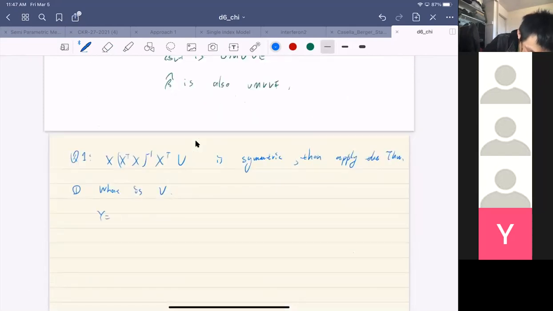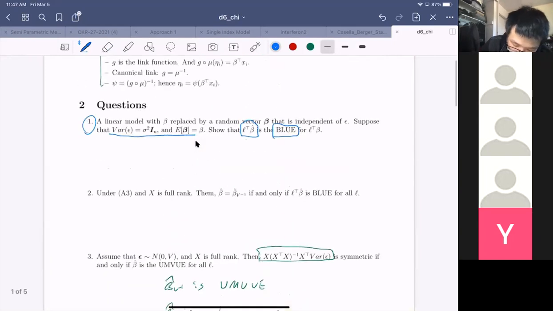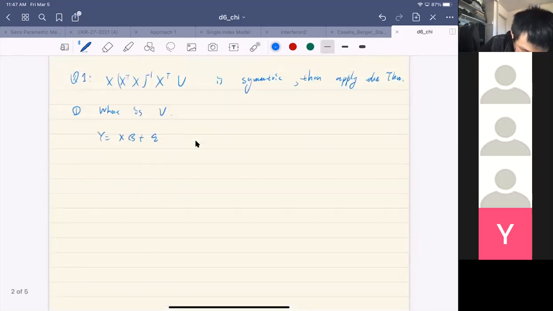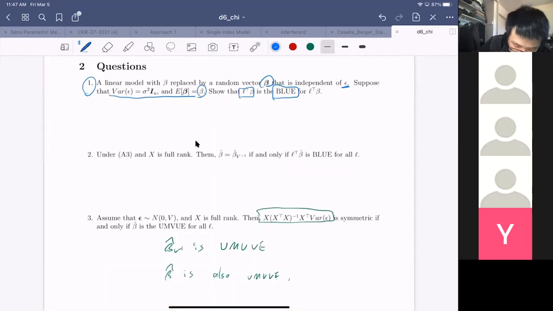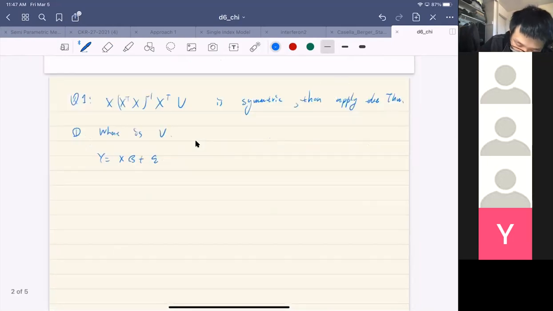Y is equal to X beta plus noise. But we say the beta is a random vector. Okay. It's depending on the noise. And the mean is beta. So how about I say the random vector is B. And this is equal to X beta plus X(B minus beta) plus noise.